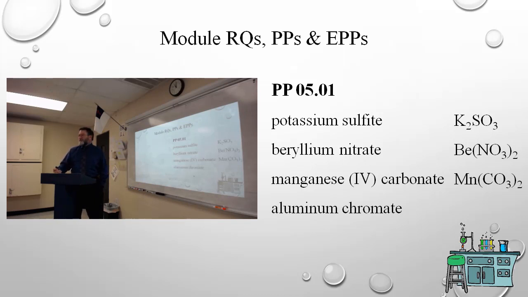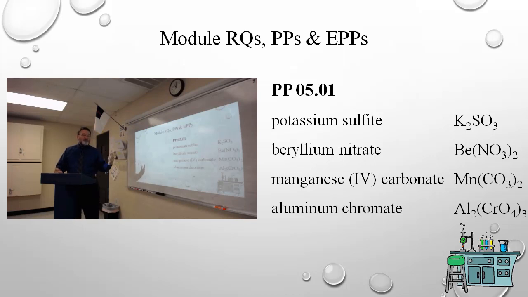And aluminum chromate. Where'd it come from? Oh, cut it off a little bit, didn't it? Al2CrO4 sub 3 it has. How do we come up with that? Aluminum is a column 3A element. It goes with a positive 3 when it ionizes, right?